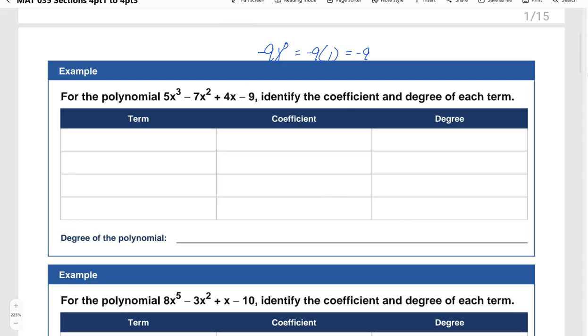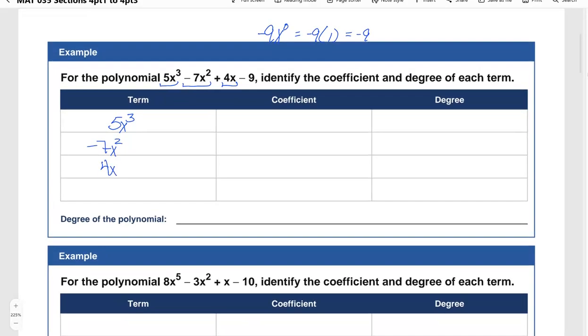If we look at how many terms we have, that first term is going to be 5x cubed. That second term is going to be a negative 7x squared. The third term is a 4x. And that last one is just that number, negative 9.